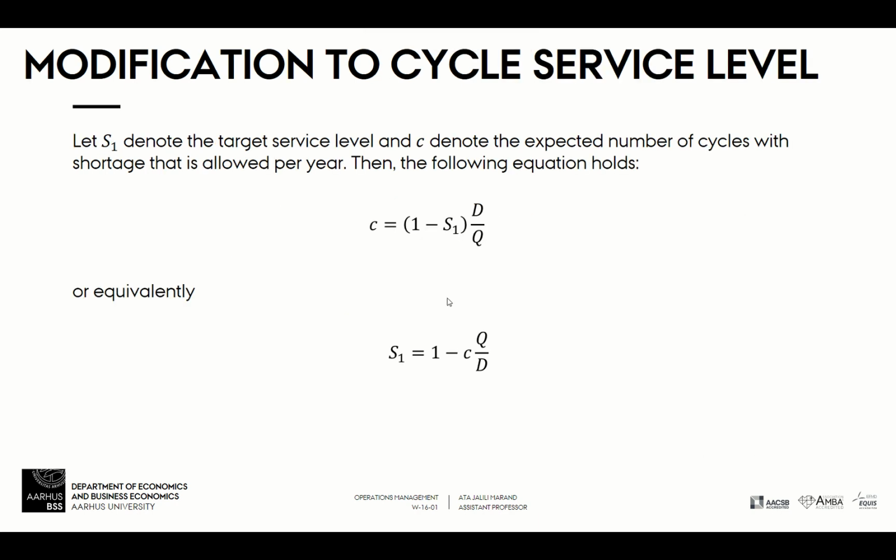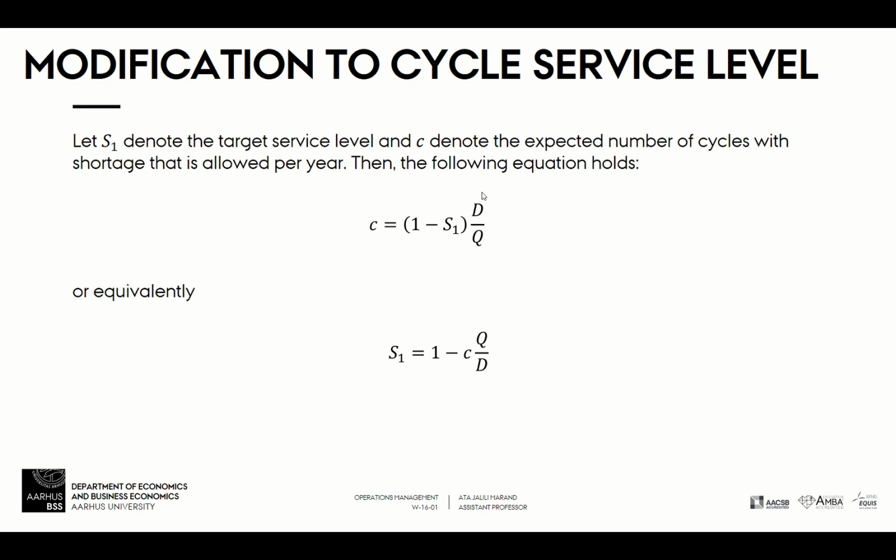Here we have a new notation C, which is the expected number of cycles with shortage per year. Let's see how it is calculated and how it is related to S1, which is the cycle service level. S1 is in fact the fraction of the cycles without any shortage, right? So 1 minus S1 is the fraction of cycles with shortage.